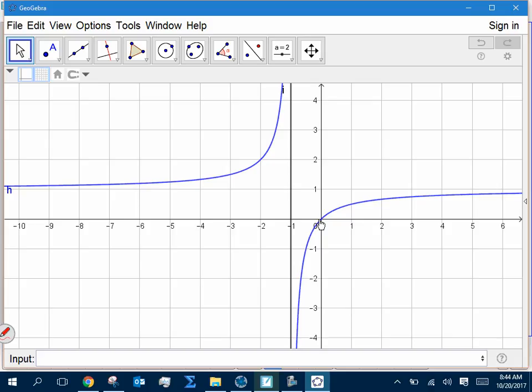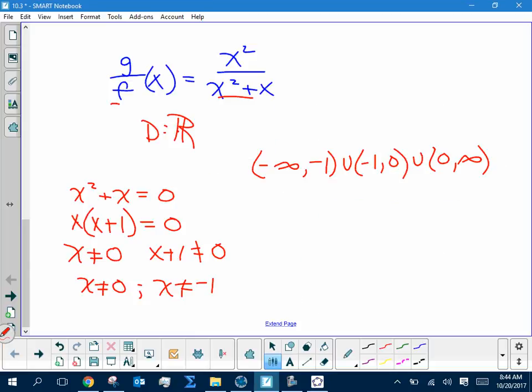Your TI-83 or 84 graphically will not put an open dot there, but it will when you go to your table. It will say error there on your table, and that's something people have been asking about, using the TI-83, 84 with the table.